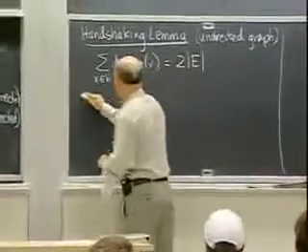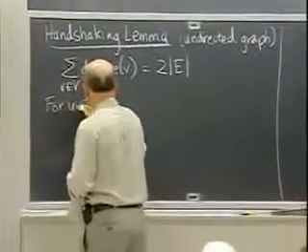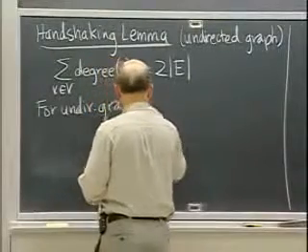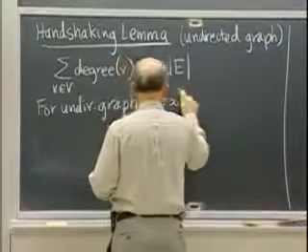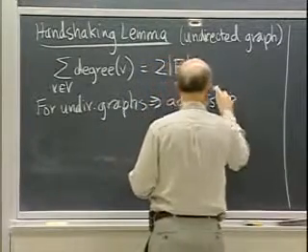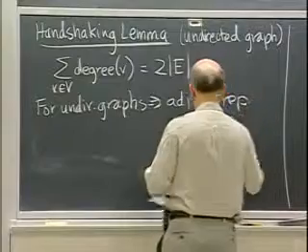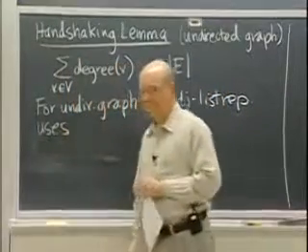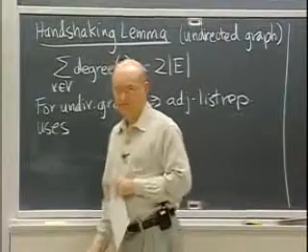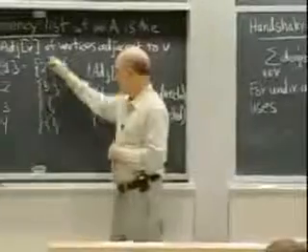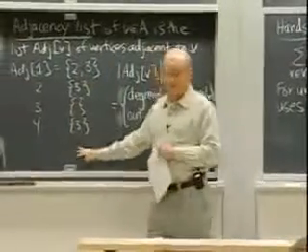So what that says is that for undirected graphs, that implies that the adjacency list representation uses how much storage? Okay, at most 2e, so order e, but that's not all.